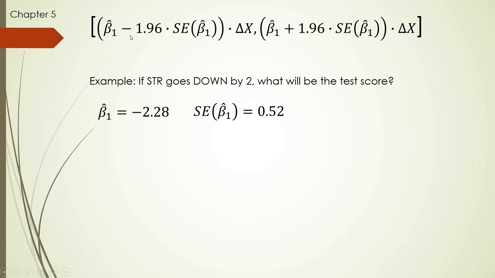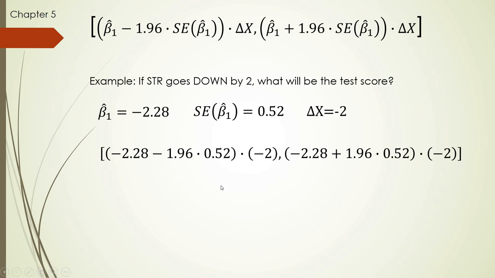And you see that already here in the interval we have the same values for the confidence interval for the beta coefficient that we already did before. So beta 1 hat is minus 2.28, standard error is 0.55, the statistical critical value is minus or plus 1.96, and the change in x is minus 2.